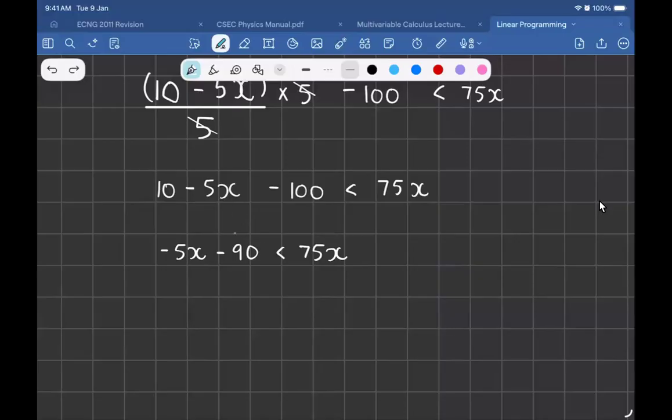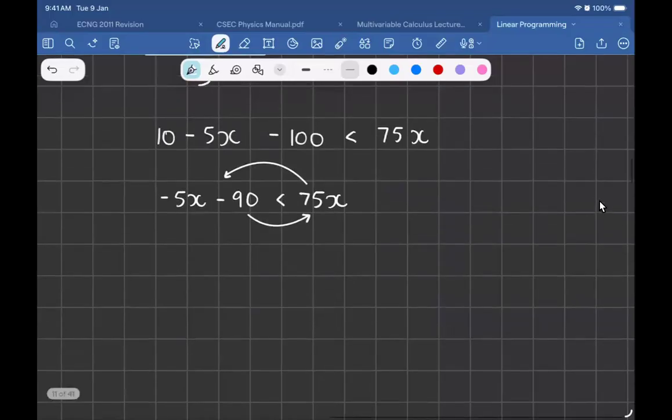Especially when we're doing inequalities, you want x on the left hand side. So that'll be minus 5x. Move across 75x. What is 75x going to turn to when you move it across? Minus 75x. Right. You move that minus 90 across. What is it going to turn to? Positive 90.